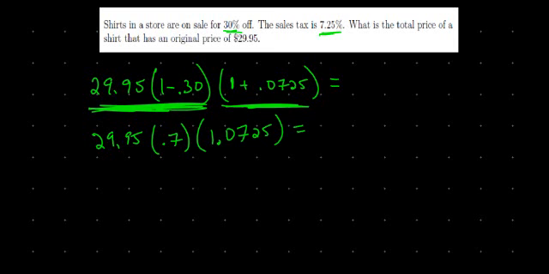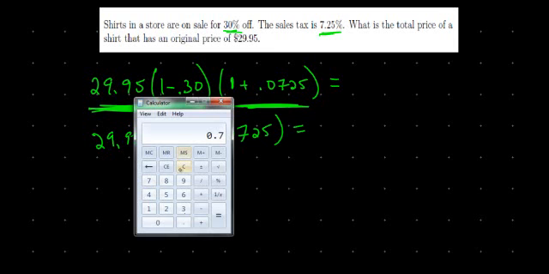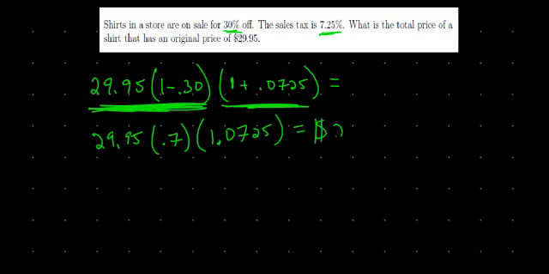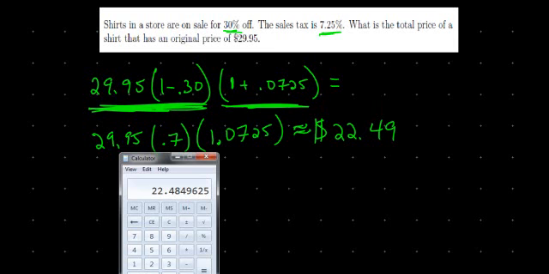Okay, so now we have all multiplication there, so we can just do it. 29.95 times 0.7 times 1.0725 is $22 and about 49 cents. So about $22.49. They're going to round up. You can bet that the store does.